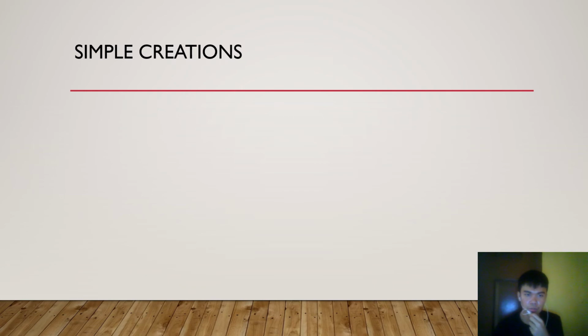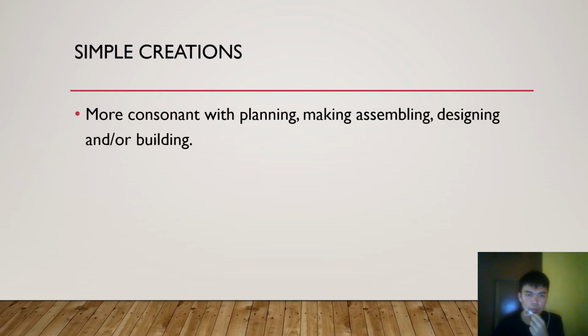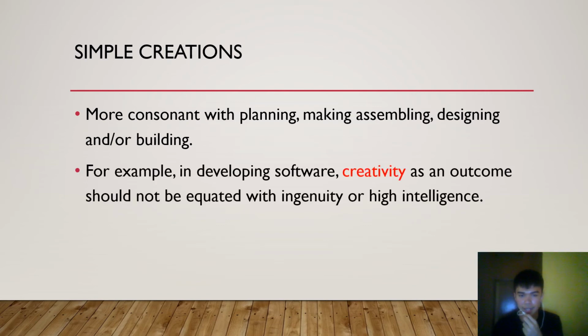Now let's move on to simple creations. Simple creations is more consonant with planning, making, assembling, designing, and building. For example, in developing software, creativity as an outcome should not be equated with ingenuity or high intelligence.